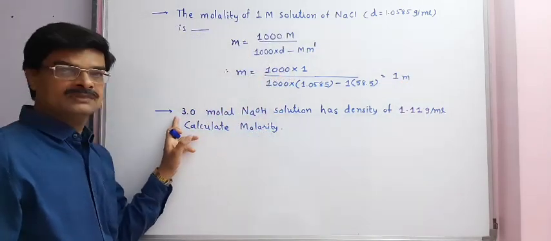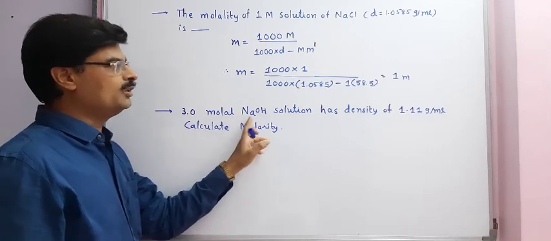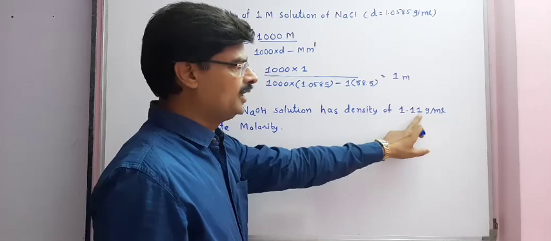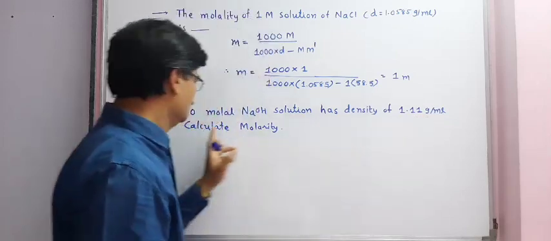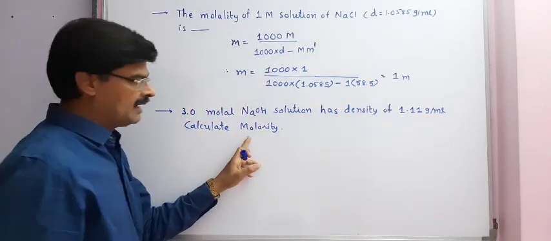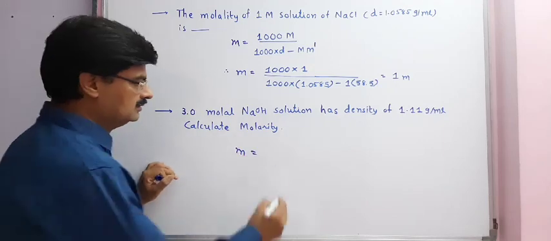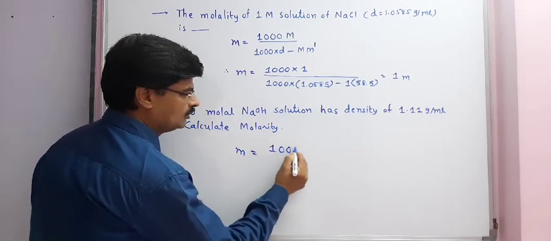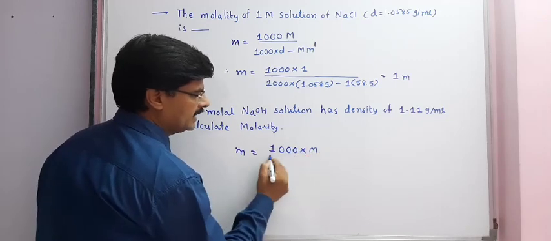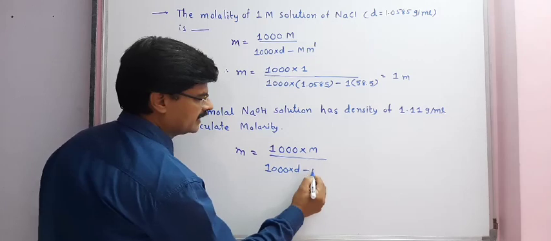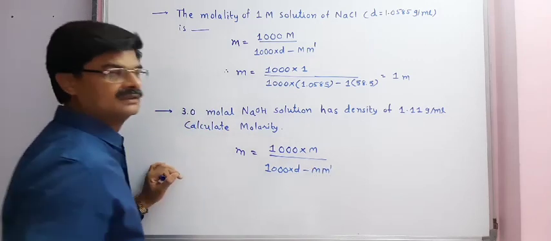In the next sum, 3 molar NaOH solution has density of 1.11 gram per ml. Calculate molality, small m. m is equal to 1000 into molarity divided by 1000 into density minus M into m dash.